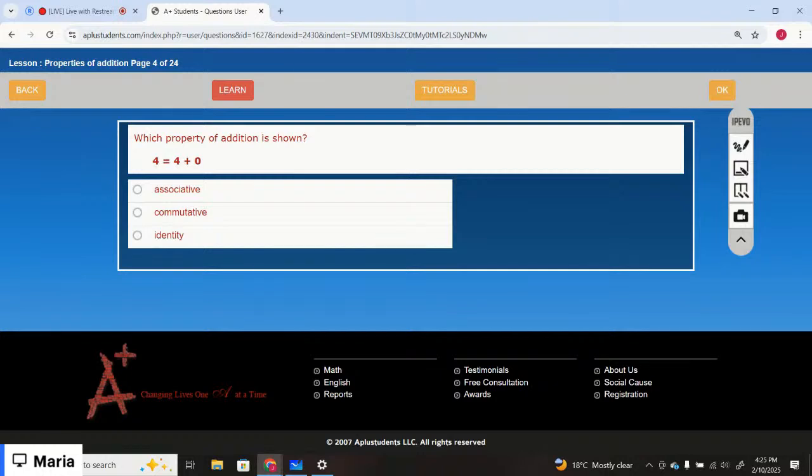Which property of addition is shown? 4 plus 0 equals 4. That is the identity property. Whatever number you're adding to that 0, the number stays the same. That is the identity.